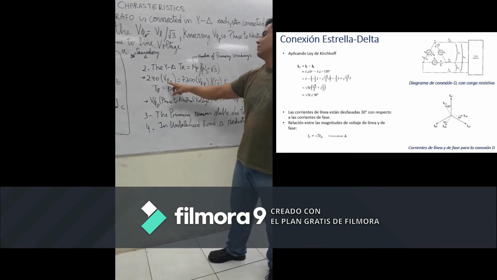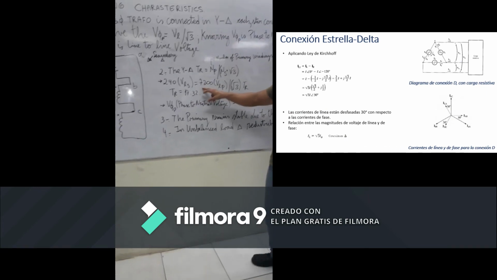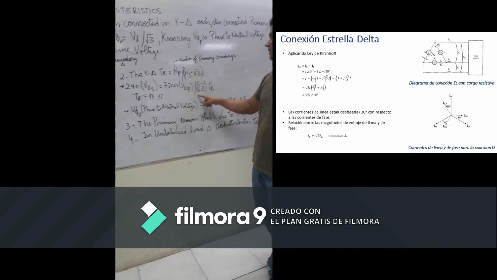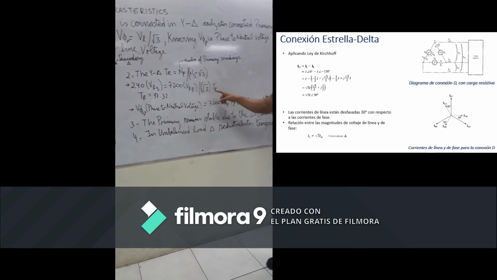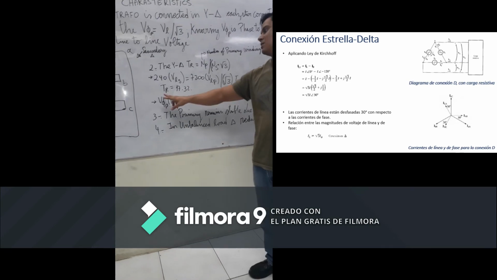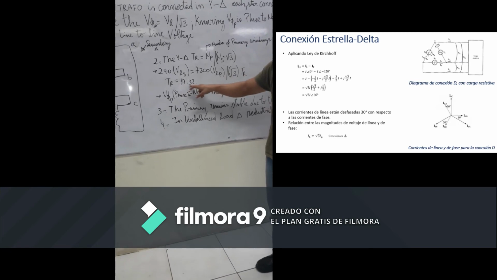The 240 line-to-line secondary voltage equals the 7,200 line-to-line primary voltage divided by the square root of 3 times the turns ratio. And finally, we have a turns ratio equal to 17.32.